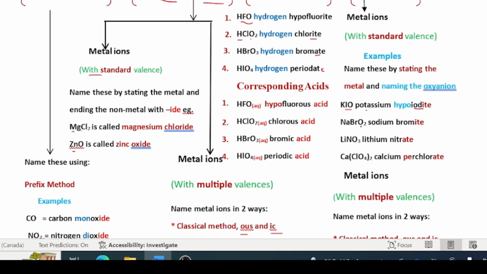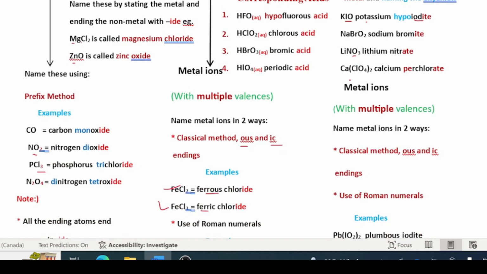It's less, it's ide, it's bromide, so it becomes sodium bromide. Now you have ate. Lithium, nitrogen there, lithium nitrate. Alright? Then you have now, this is 4. This is per, right? Okay, per, and you see calcium is regular, standard, so it becomes calcium perchlorate.